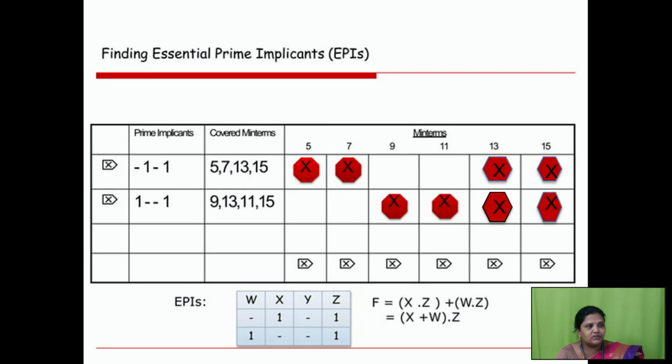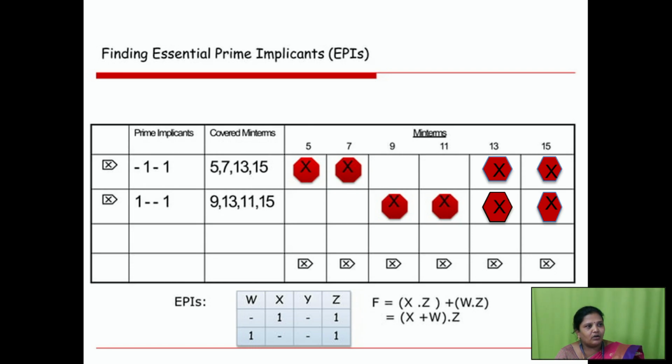So what are the alphabets we have used to represent our prime implicant? In the given problem statement, f of W, X, Y, Z. So W we have dash, so we should not take. X we have only 1, and Y we have dash, and Z 1.